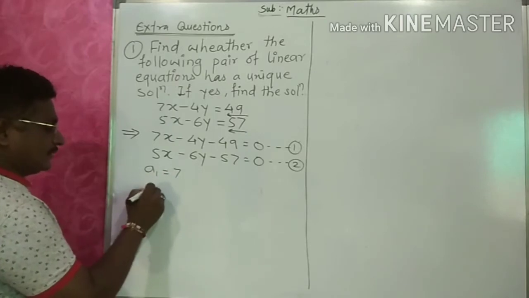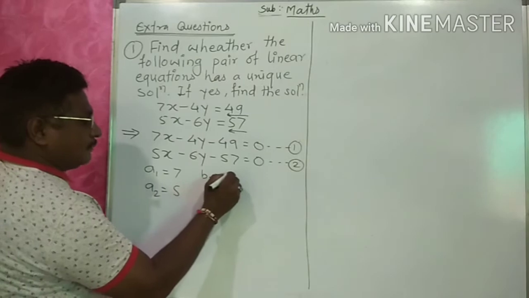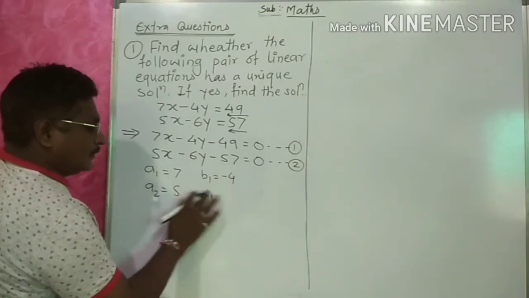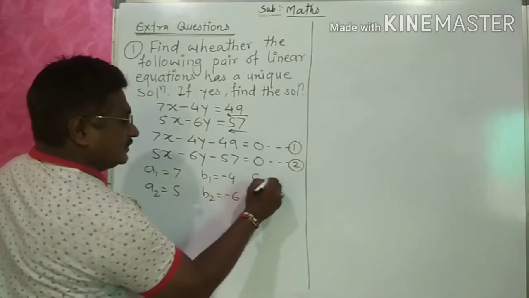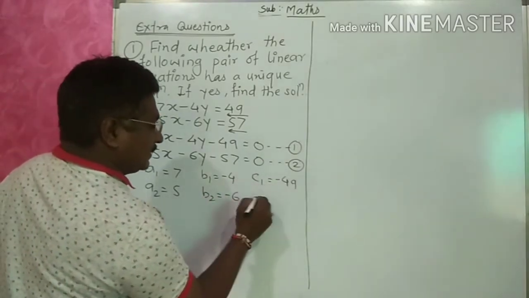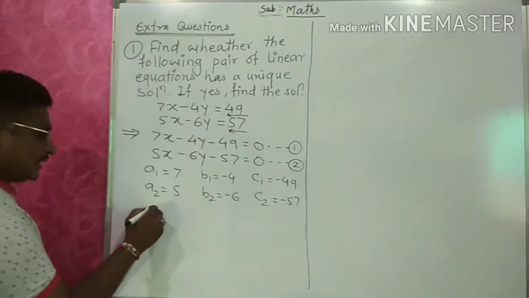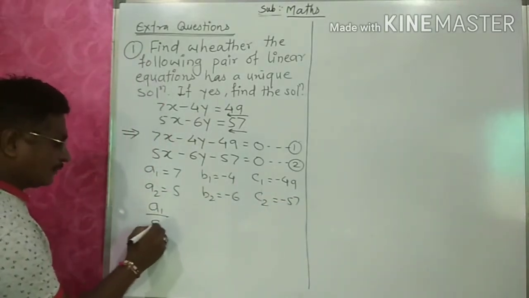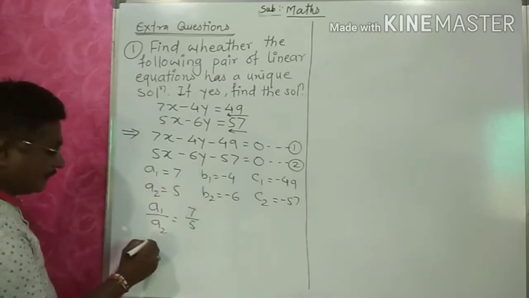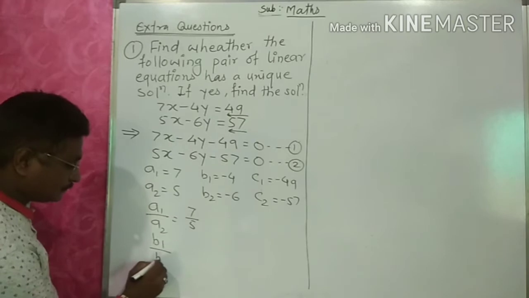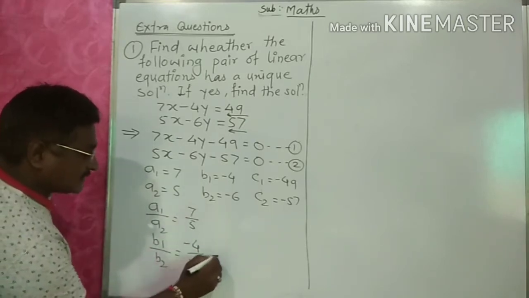Now a1 is 7, a2 is 5, b1 is minus 4, b2 is minus 6, c1 is minus 49, c2 is minus 57. So check it. a1 by a2 is 7 by 5, b1 by b2 is minus 4 by minus 6.